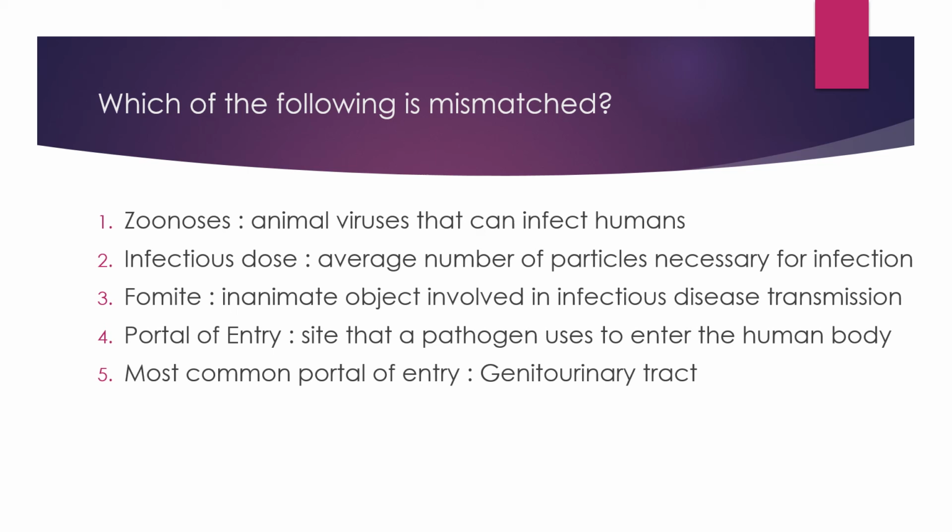Or is it most common portal of entry, being the genitourinary tract? What do you think? Of course, it's the last one. I knew you'd remember that the most common portal of entry for microorganisms into the human body is the respiratory tract.